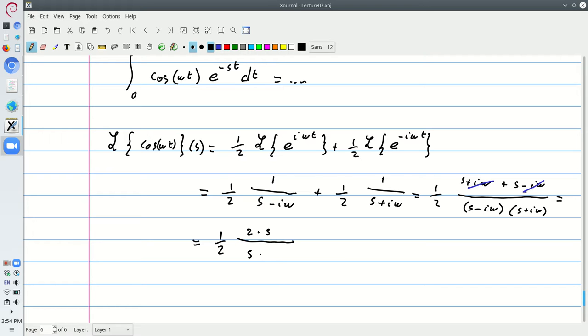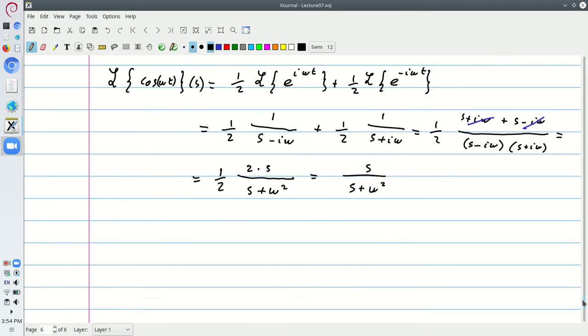There is a minus as well, so this becomes plus omega squared, and so this can be written as s divided by s squared plus omega squared. So in this way we have computed this Laplace transform with absolutely no problems, because we have used already known Laplace transforms.